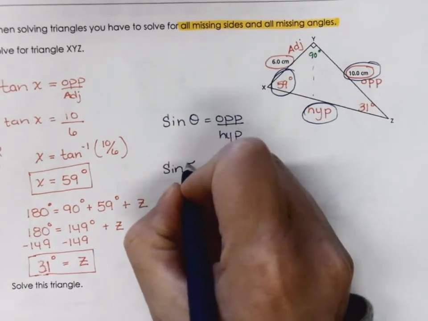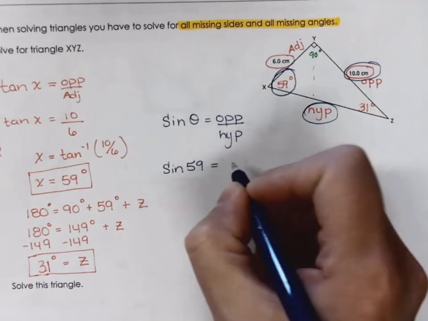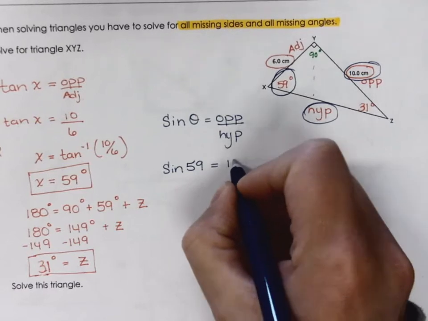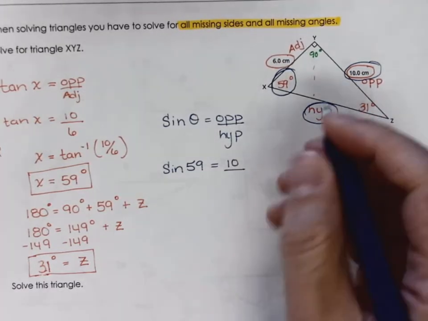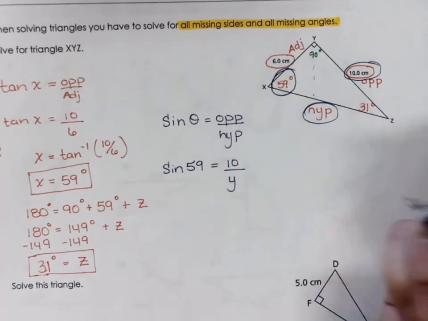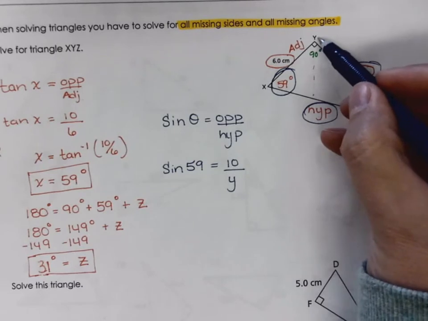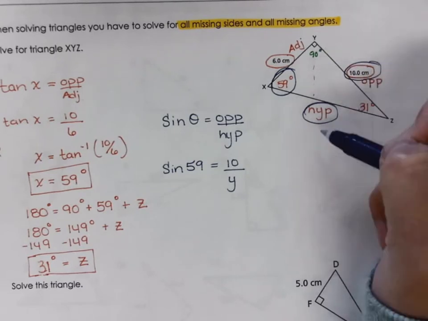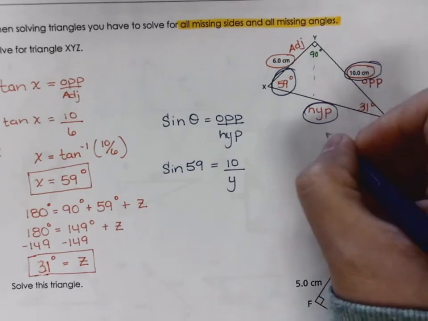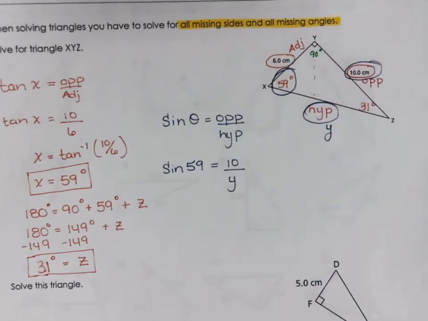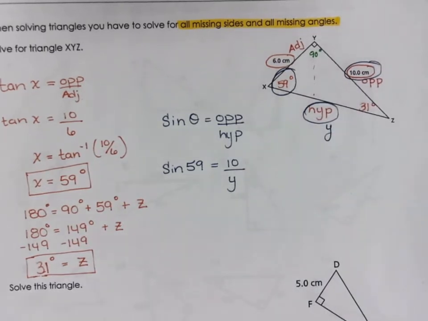So sine of 59 is equal to opposite, which is 10, over the hypotenuse, which I don't know, but it's side y, because it's directly across from the vertex y, so it is the lowercase letter y. We will have covered that in another lesson, I'm hoping.